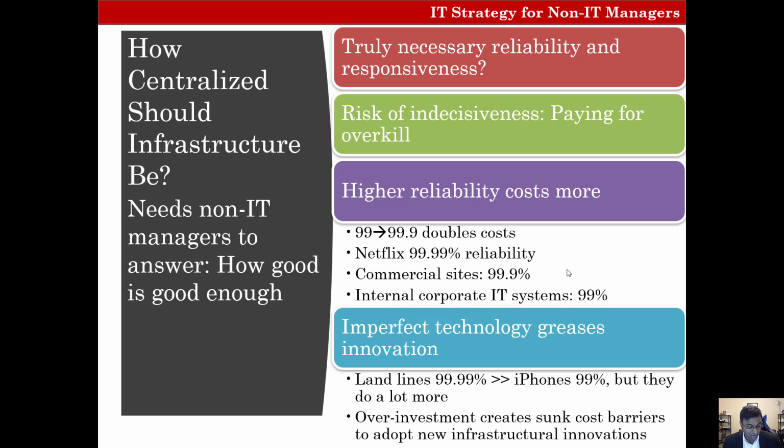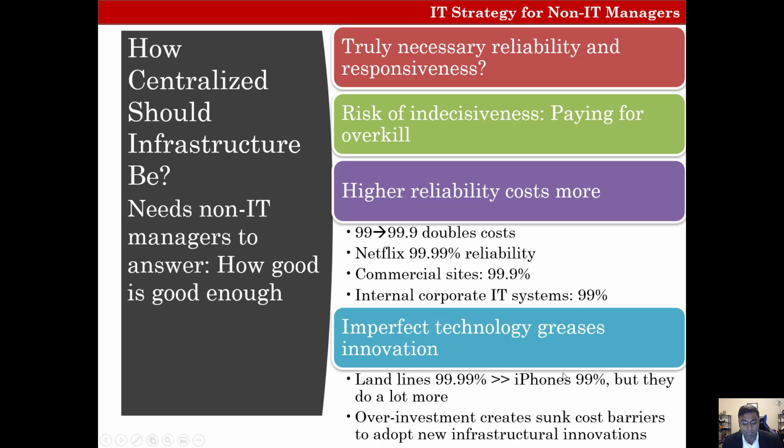Ask your IT unit for a priced menu of choices for IT infrastructure components important to your line functions, and use some benchmarking. Netflix targets 99.99%, which is fault resistant. Commercial sites usually look at high availability of 99.9%. Internal corporate IT systems are at 99%, and not more than that.